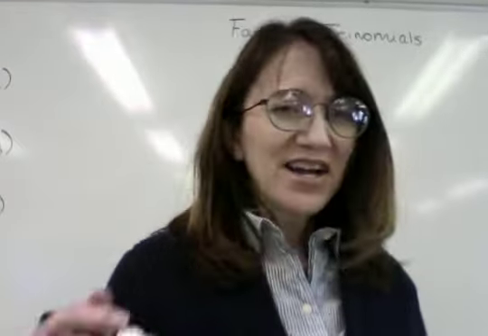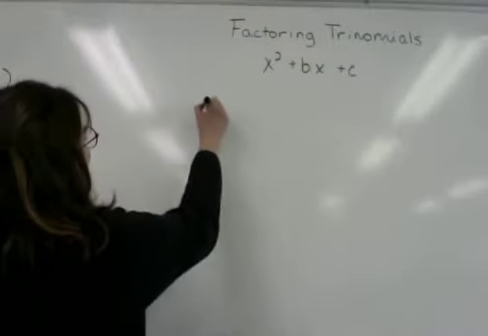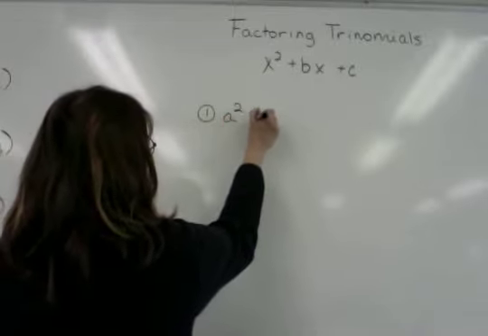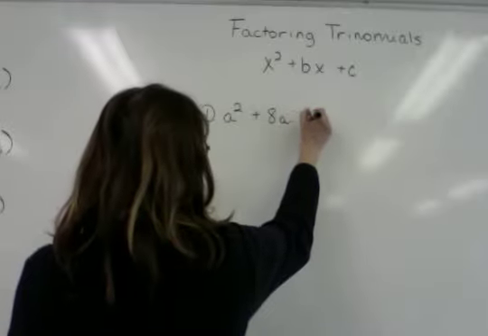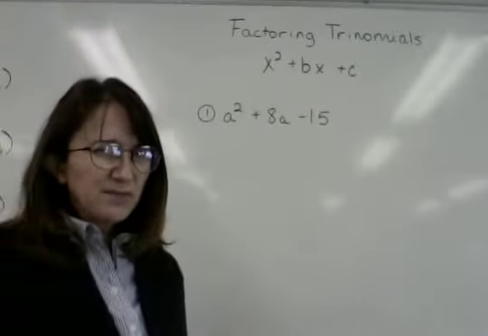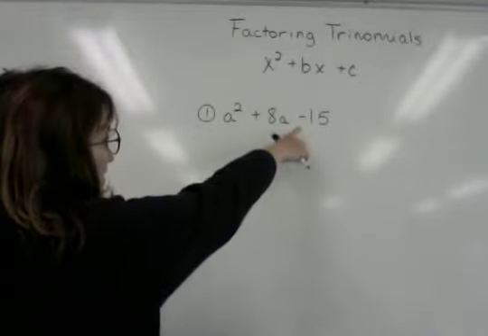So let's try 1. 1 is just a basic one. We've already done one that's super similar to it. It is a squared plus 8a and then negative 15. And then look at what we can already just spy and figure out what we're doing. First of all, that's negative.